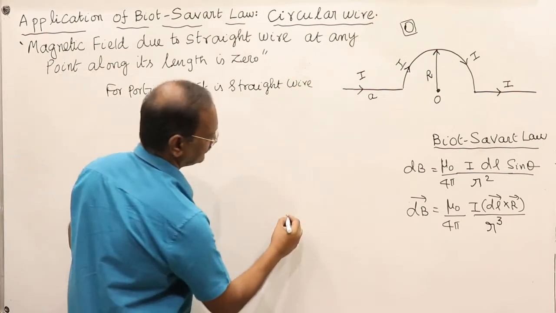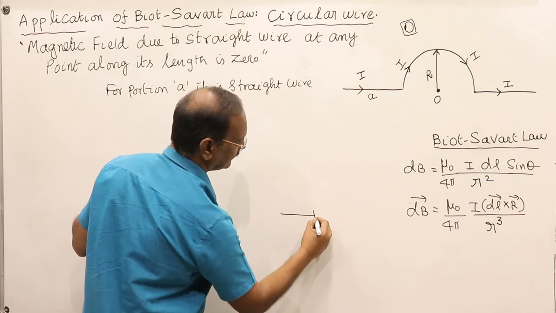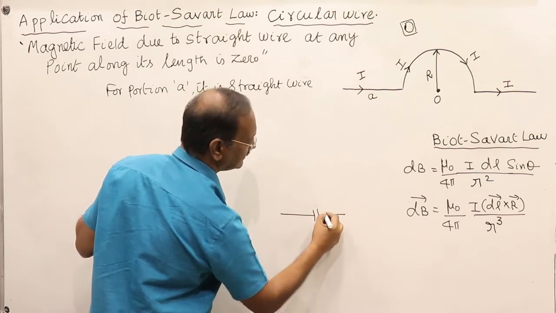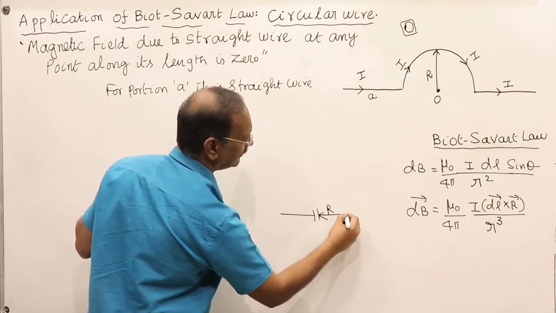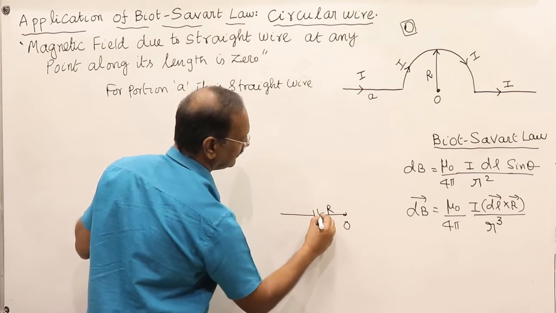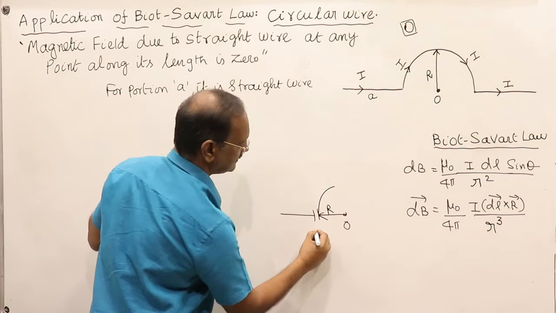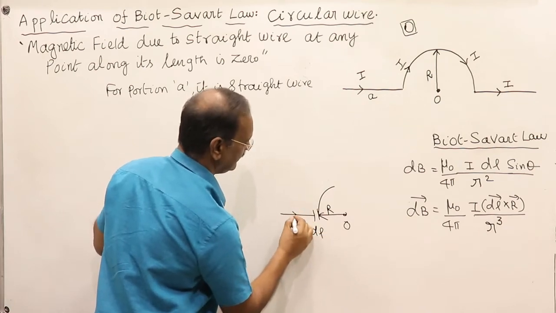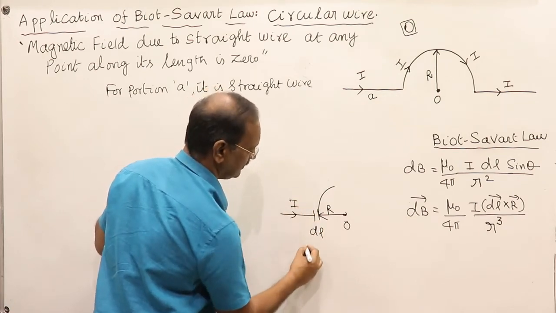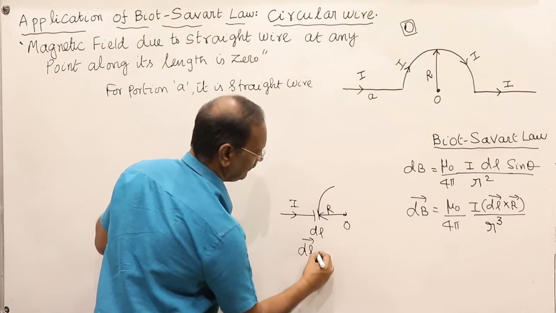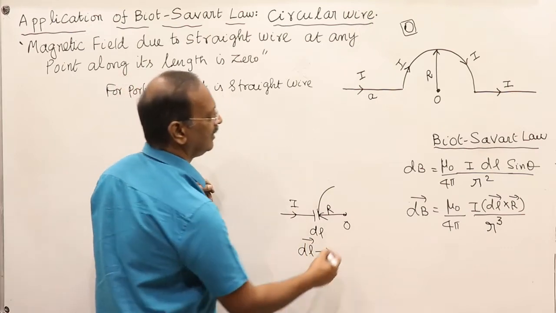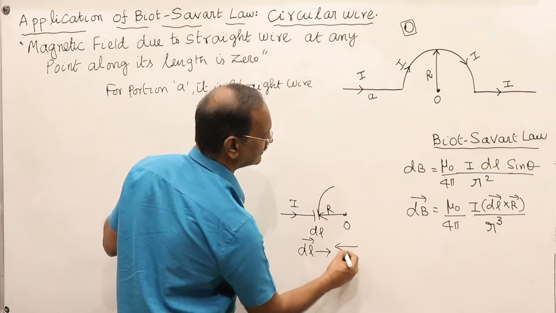So here, this is the wire, this is the end of the wire, and this is the radius r with respect to O. From here, this portion starts. This is dl. Since current is flowing this way, the dl vector will be in this direction, and the r vector is in this direction.